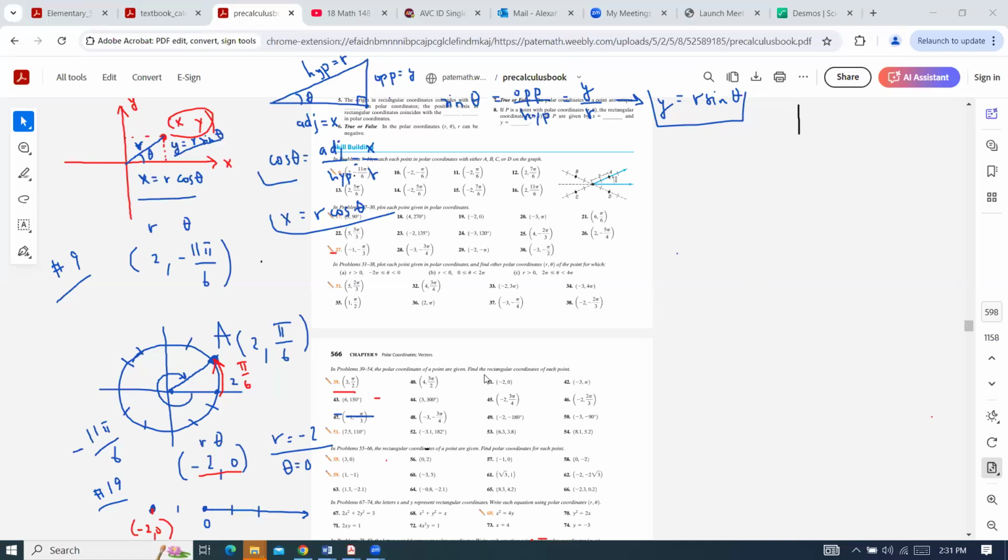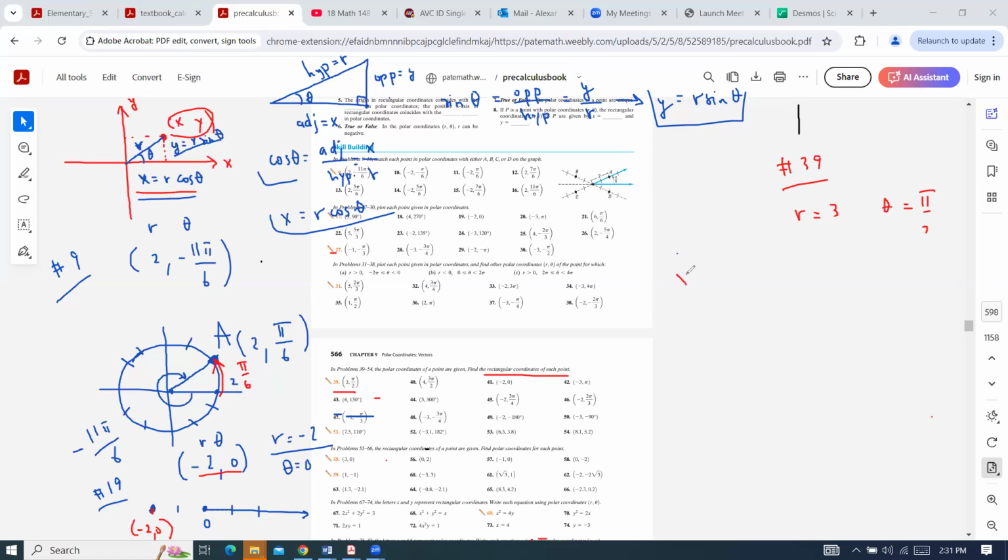So find the rectangular coordinates in exercise 39. I'm not going to even make any pictures here. I'll just write that r is 3 and theta is pi over 2. I use the fact that we just saw about x and y.